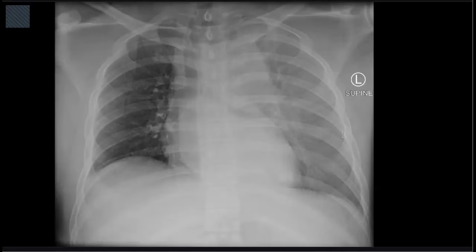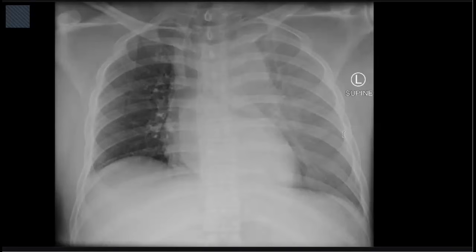I see there is a widened mediastinum and the trachea is shifted towards the right side. There is impression of apical capping on the left side, and also the left hemithorax is uniformly opacified with air bronchograms.